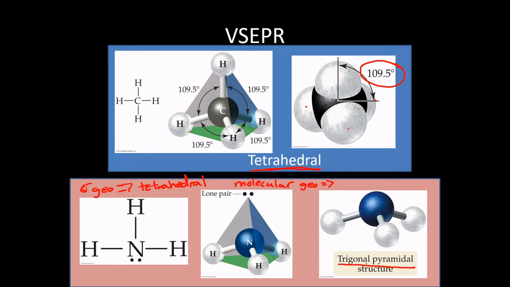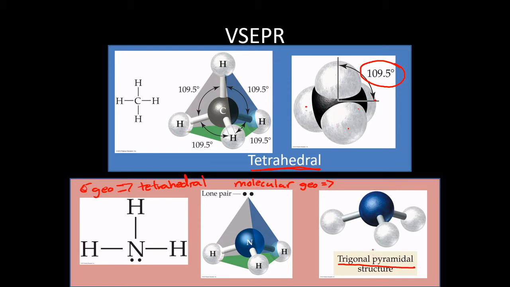So trigonal pyramidal is the name of this molecular geometry, and it gets that name because if we ignore the lone pair and just look at where the bonds are, this type of molecule is always going to look like a 3-sided pyramid. So it's like we have 3 points on the base here, and they all lead up to the tip of the pyramid here, so it is a 3-sided pyramid structure. So trigonal pyramidal is the name of that.